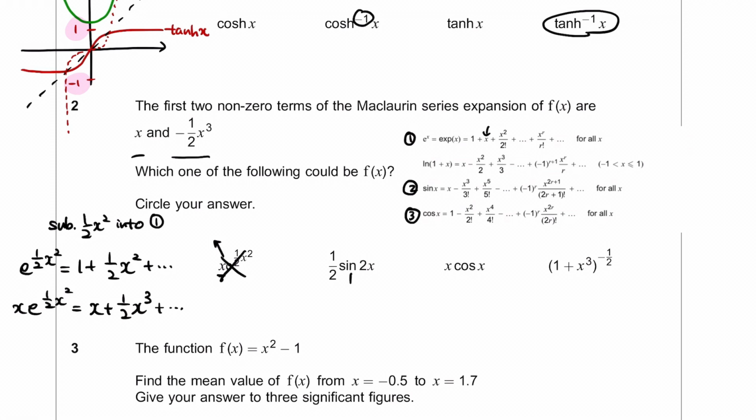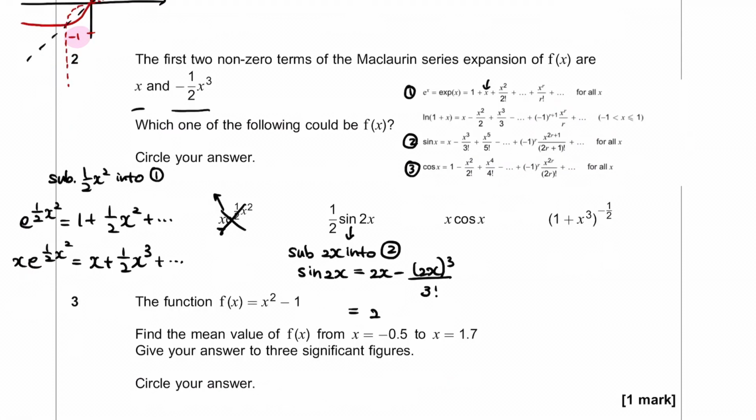You do a similar thing for this second option, but with the sine graph. So we're going to substitute 2x into equation labeled 2. Then sine 2x will expand as 2x minus (2x) cubed over 3 factorial. It becomes 2x minus 8x cubed over 6, because 3 factorial is 3 times 2 times 1.